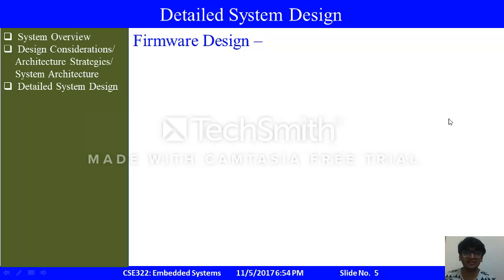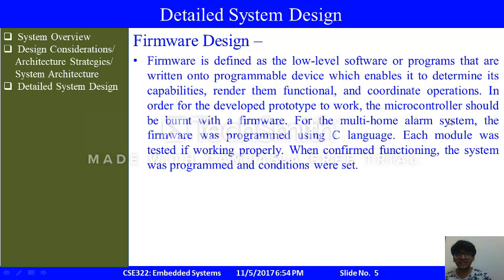The system design includes the firmware design. Firmware is defined as the low-level software or programs that are written onto programmable devices, which enables it to determine its capabilities, render them functional, and coordinate operations.